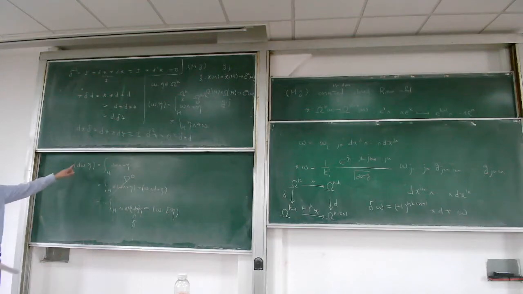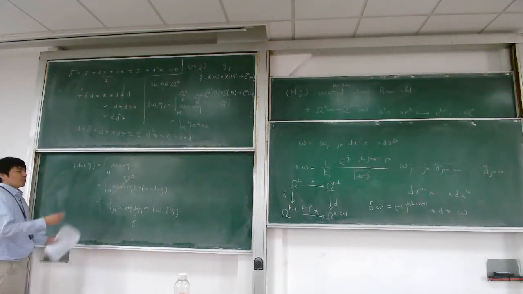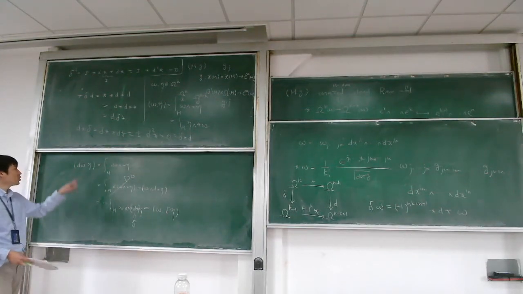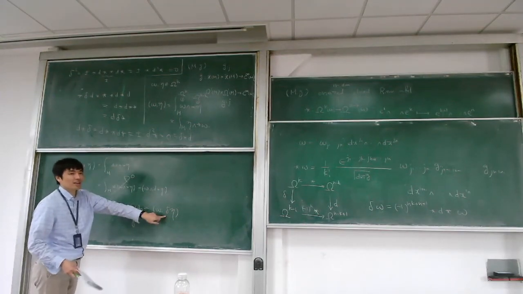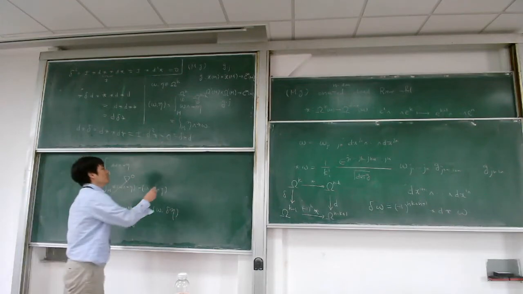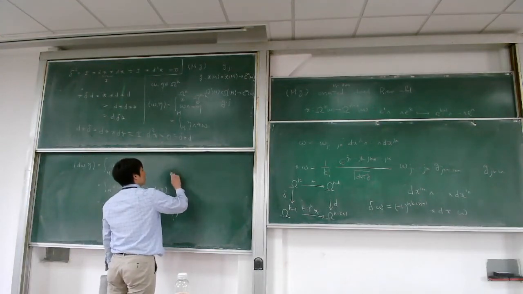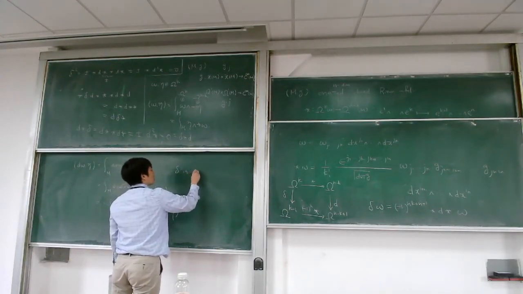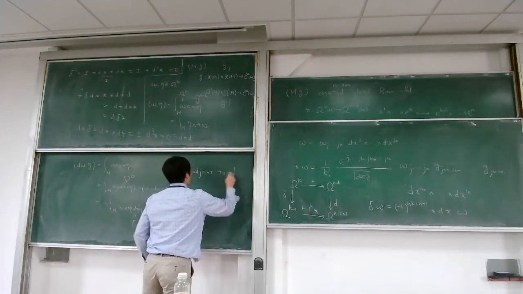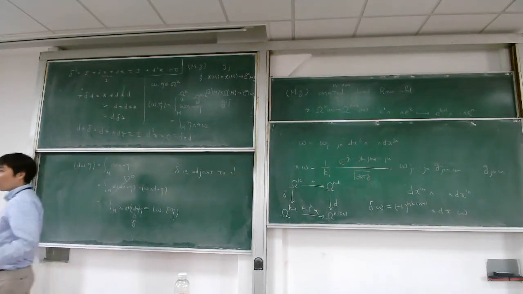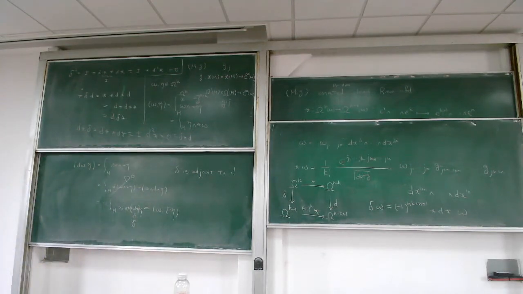So here, if you have an inner product and one operation is dual to the other operation, delta is called the adjoint to d. So on a closed oriented manifold, d and delta are the same object in fact.